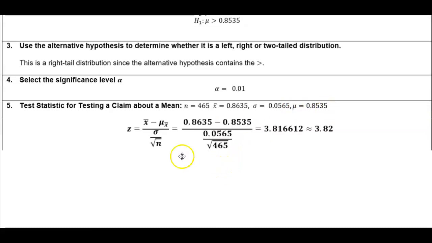So now we're going to plug it into the formula for Z. So we know that the sample mean is 0.8635. We know that the mean in the problem is 0.8535. We know that the population standard deviation is 0.0565. And we know that the sample size is 465.